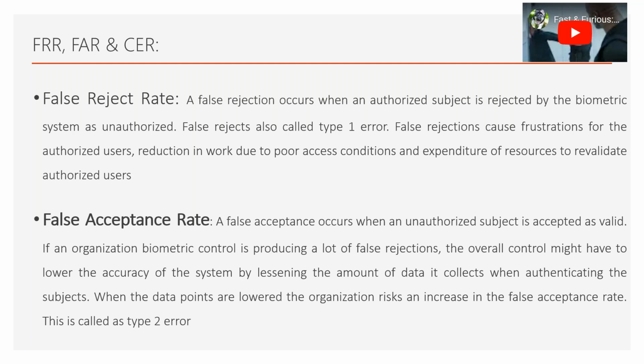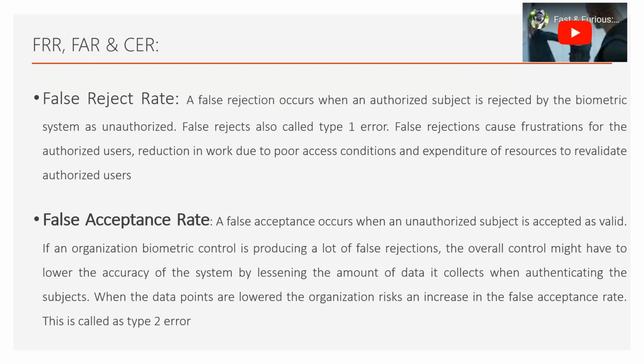One simple example is retina. A retina scan looks for more accuracy, so definitely the FRR will increase. When you reduce the sensitivity of the biometric system, the FAR will increase. So when you increase the sensitivity, FRR will increase; when you reduce the sensitivity, FAR will increase.